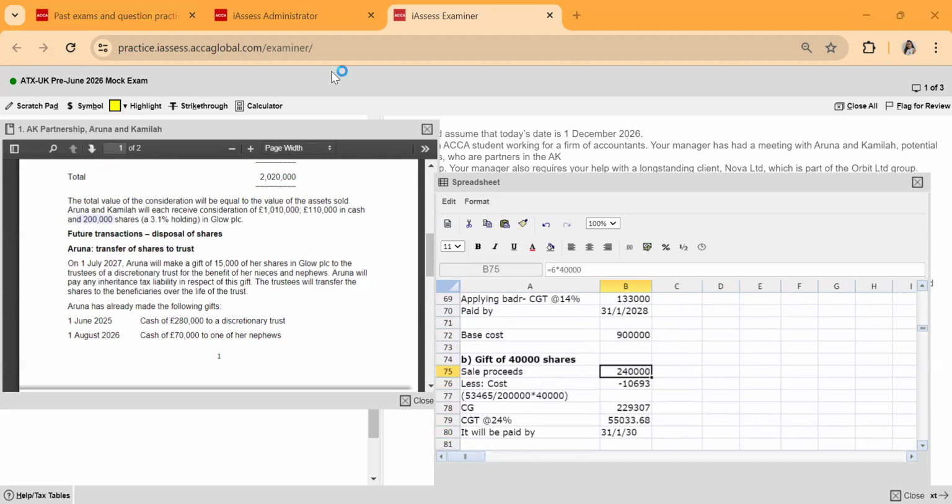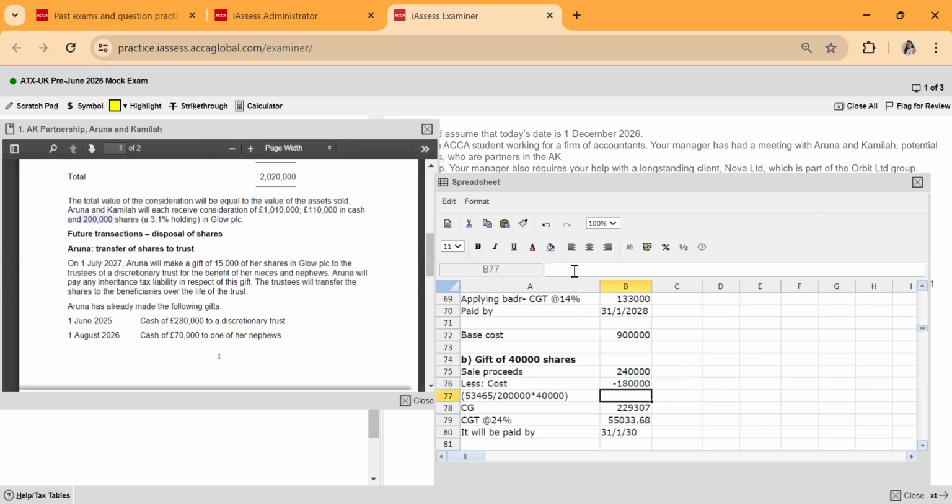Okay. Now this is simple. The gift of 40,000 shares, 240,000. And what will be the cost? Now your cost is 900,000, right? The base cost is 900,000 and not 53,000. So the entire calculation remains the same, just that in place of 53,000, we will use 900,000.